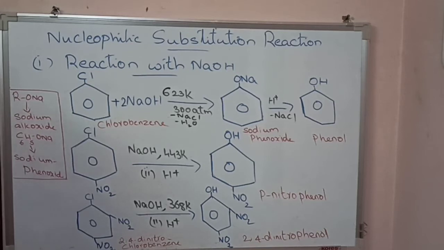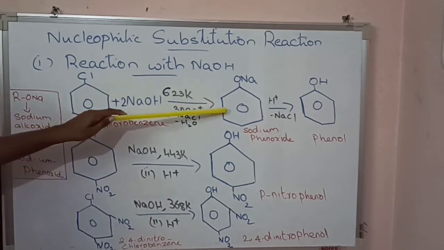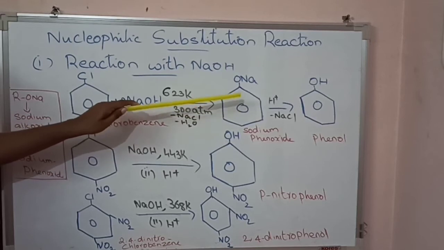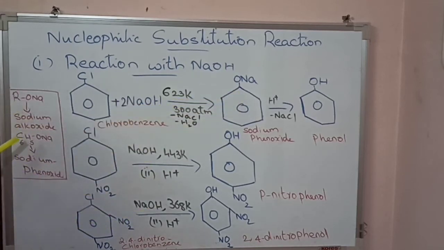You have learned that RONa is sodium alkoxide. If the R is C6H5, here C6H5 means benzene, then the sodium alkoxide becomes sodium phenoxide.